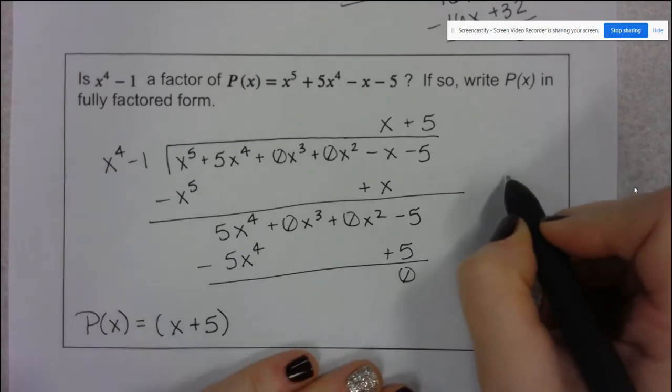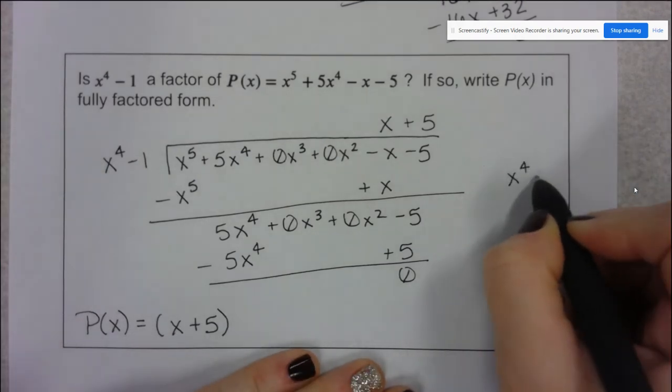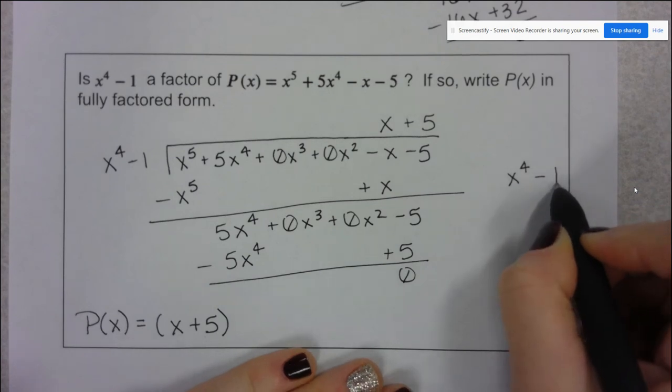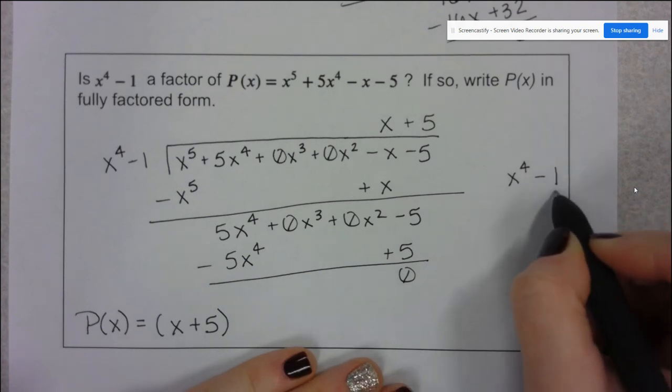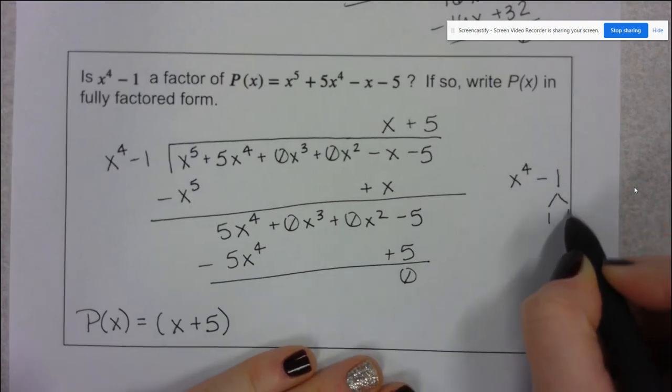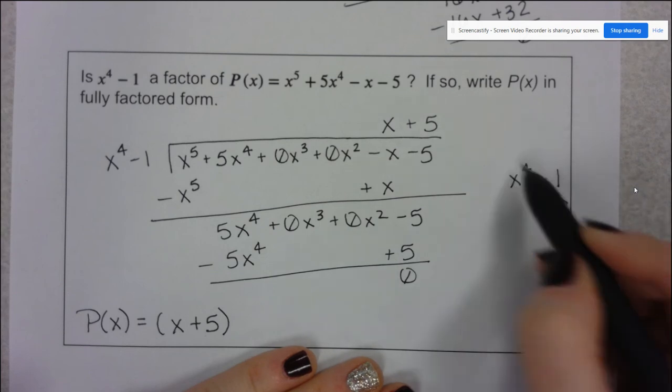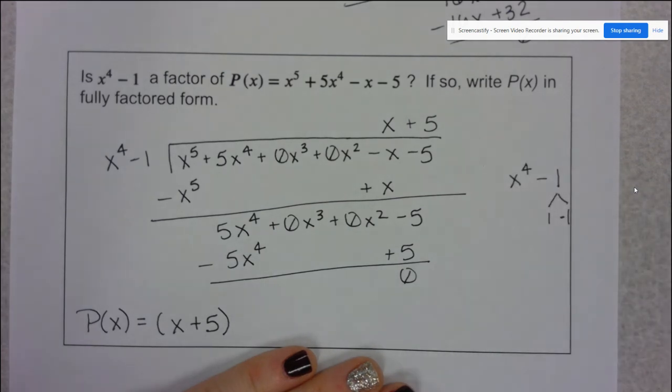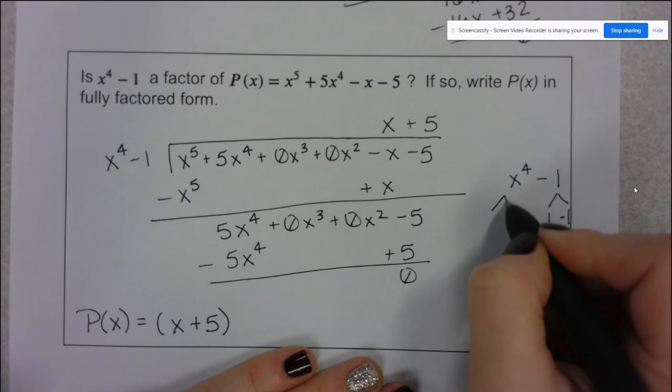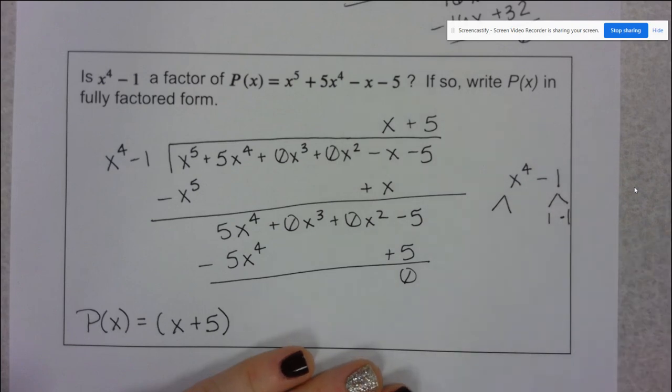So I'm going to come over here. x to the 4th minus 1. Well, 1 is a perfect square because I can do 1 times 1. And remember, one of these does have to be negative. And x to the 4th is actually a perfect square because I could do x squared times x squared.